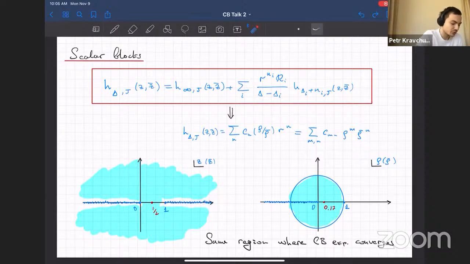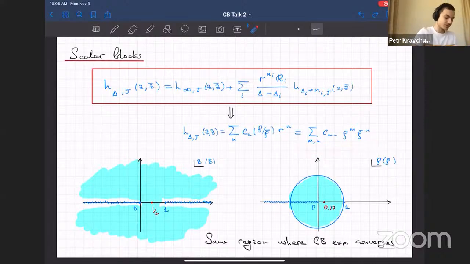In numerical bootstrap, one wants to compute the conformal blocks around the crossing symmetric point, which is z equals 1/2. And in terms of rho and rho bar, this crossing symmetric point gets mapped to 0.17. And so this expansion converges pretty quickly for this purpose.